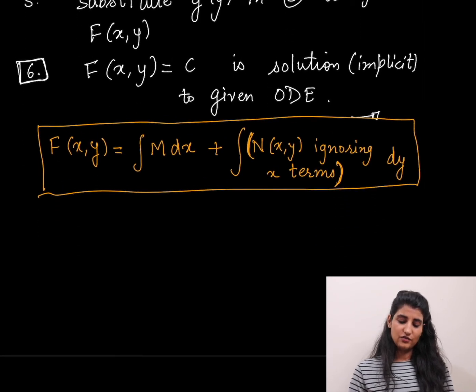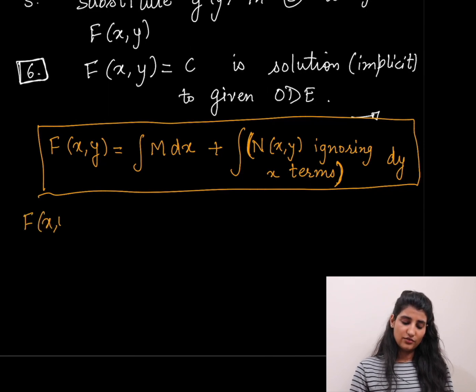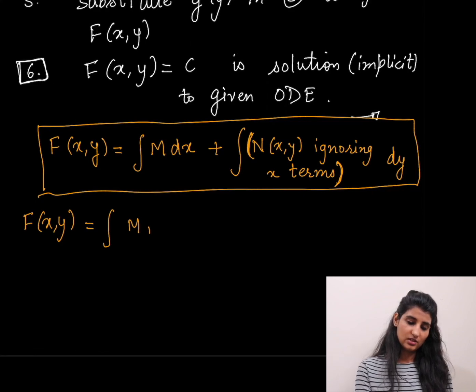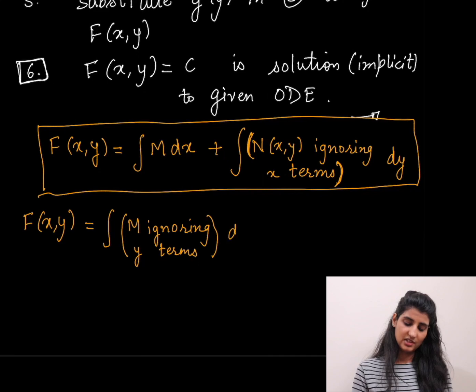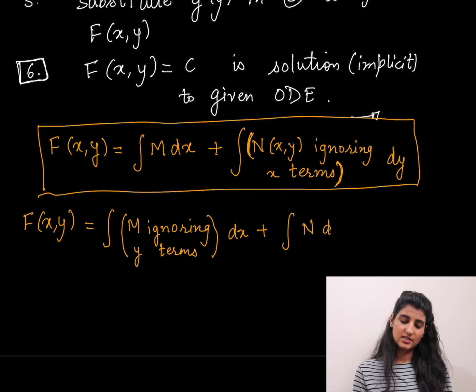Similarly, if you are first solving f_y equal to N, your formula will be: you ignore the y terms from the M, plus the integration of N with respect to y.